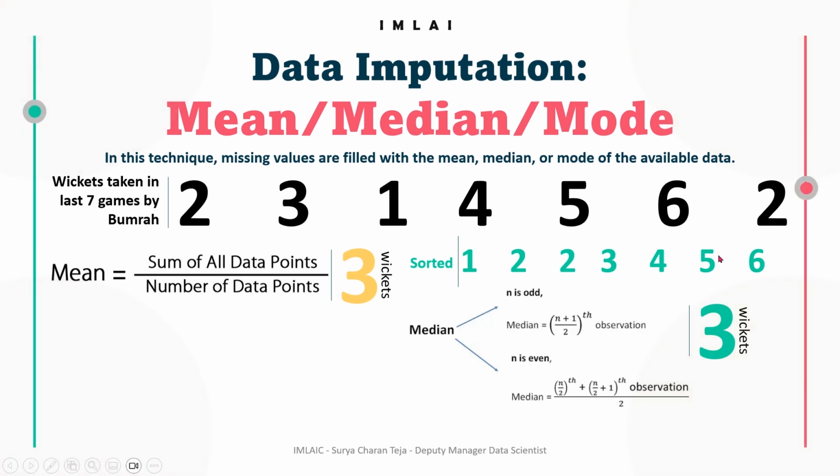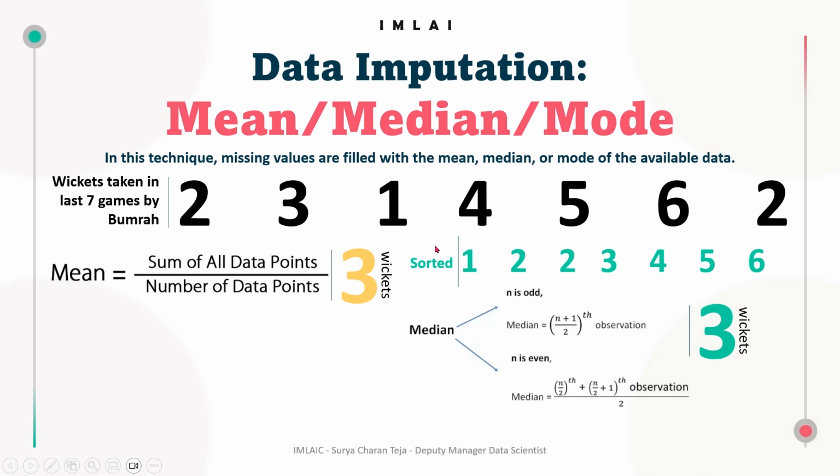Let's take, instead of 7 games, 8 games. Let's say in the 8th game he has taken 1 wicket. Then the sorted data is 1, 1, 2, 2, 3, 4, 5, 6. To calculate the median, the formula is the (n by 2 observation plus the n by 2 plus 1 observation) divided by 2. In that case, 8 by 2 is 4, plus 5, so the fourth observation plus the fifth observation divided by 2.